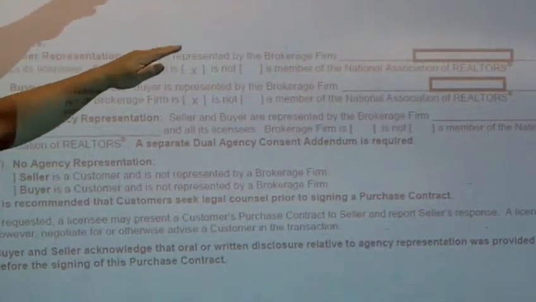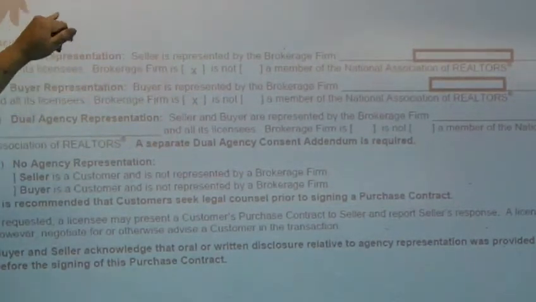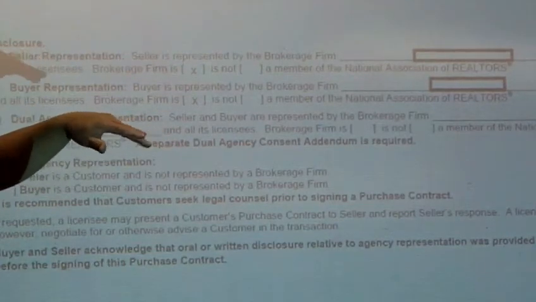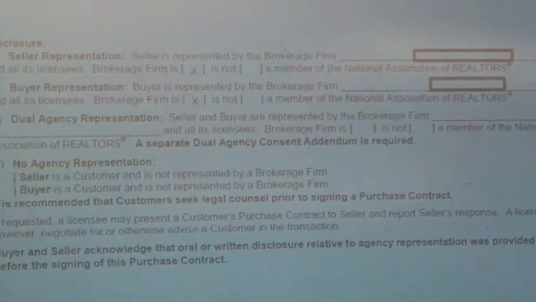And the realty? Well, the company name, yes. If we represent the seller, then yes, it would be iNet Realty. But whatever the company is, the company name goes in there, not the agent's name, and the brokerage firm.